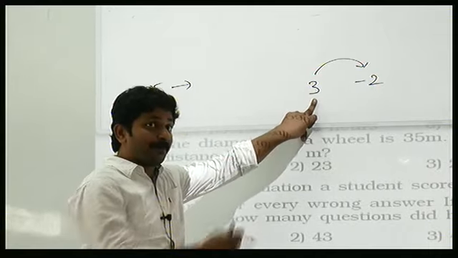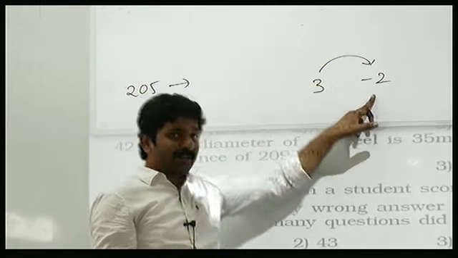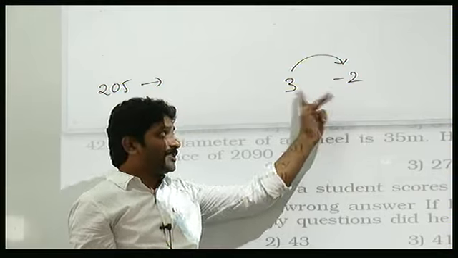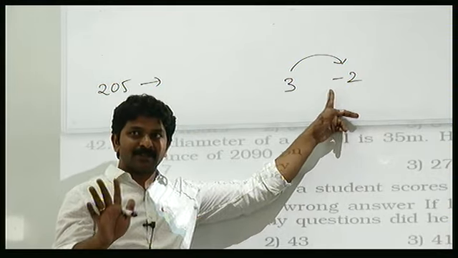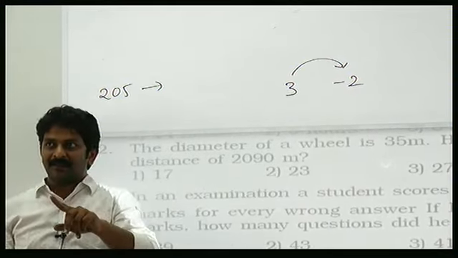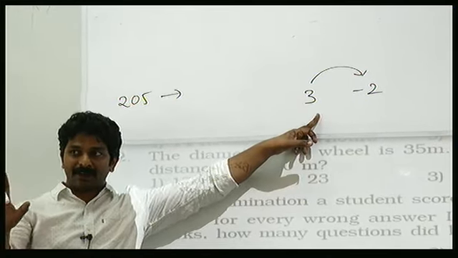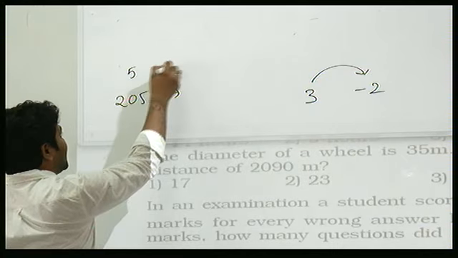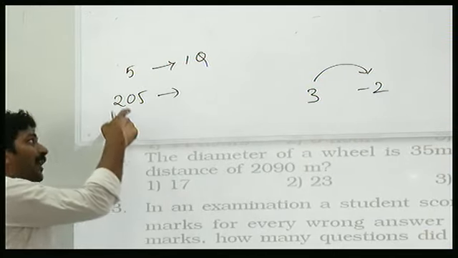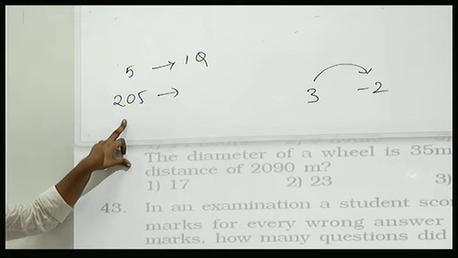So instead of getting positive 3 marks, we are getting negative 2 marks. So the difference between these two is 5 marks. If you convert one question from correct to wrong, you lose 5 marks.